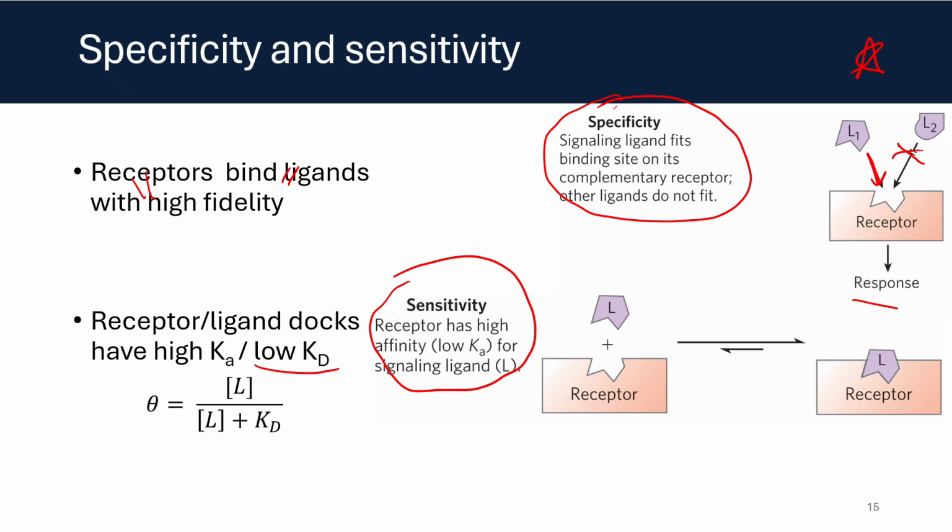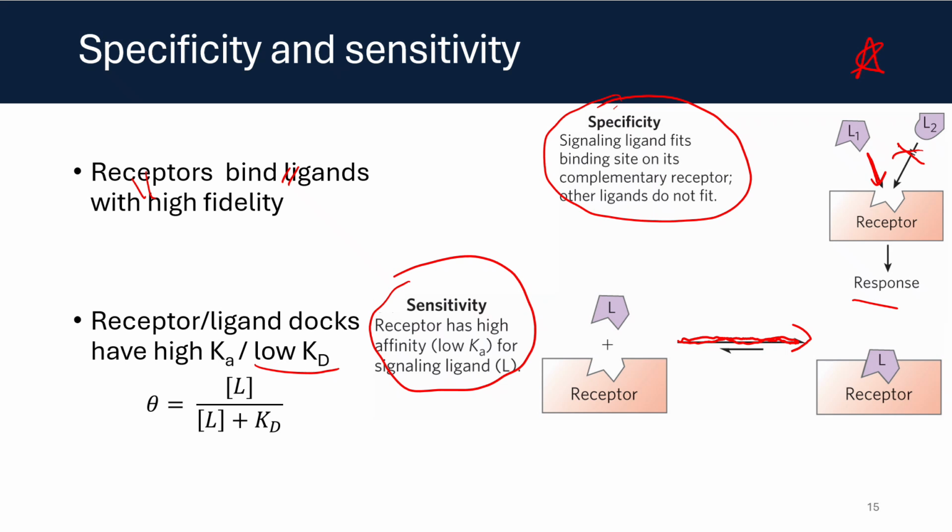This is synonymous with having a very high constant of association, a Ka. And I'll remind you that the lower the Kd is for a binding event, the tighter the bind, the more equilibrium is going to favor the adducted state.